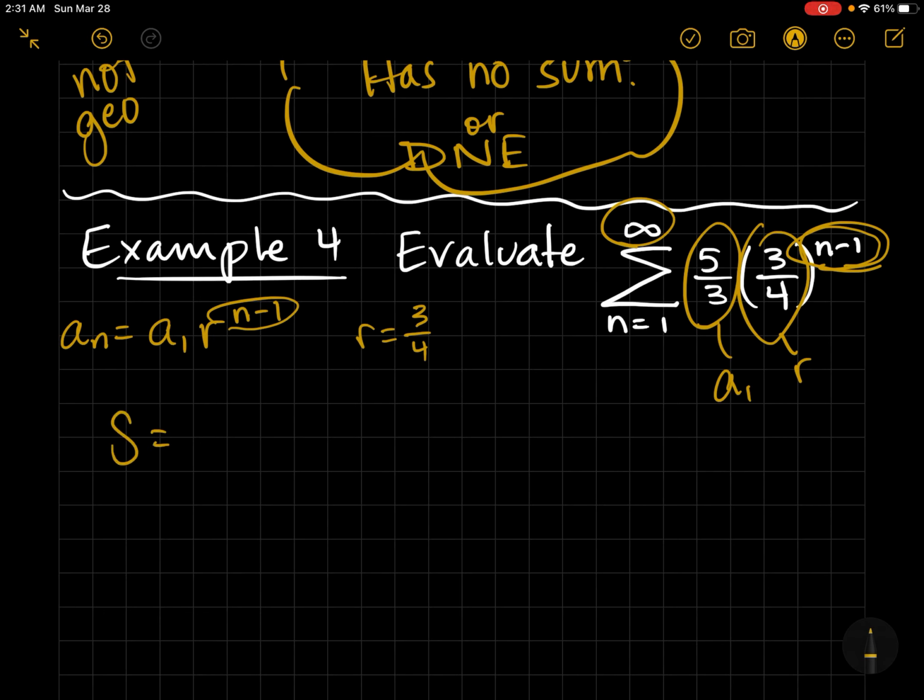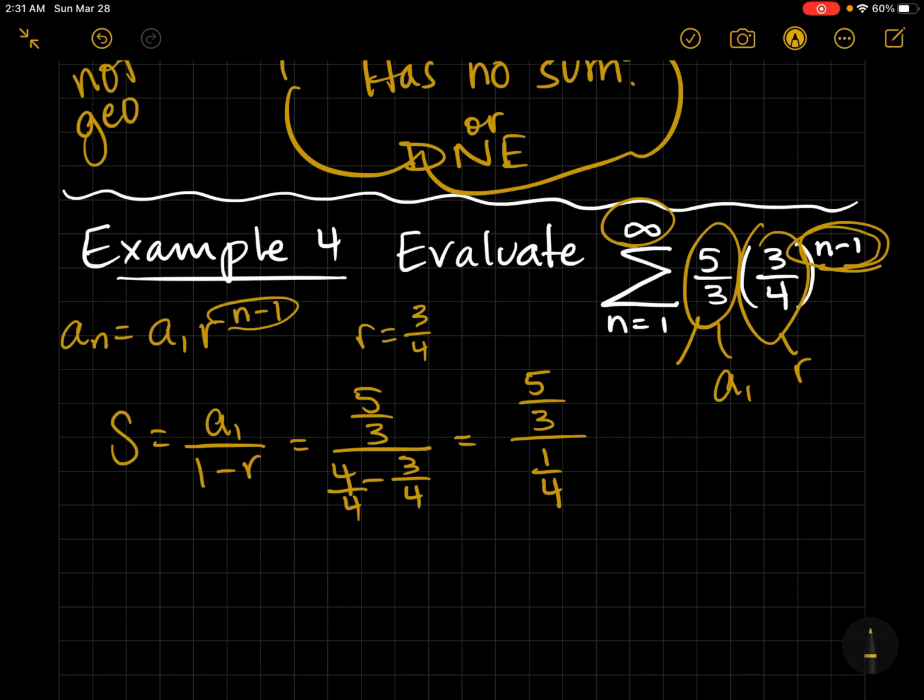And S equals A1 over 1 minus R. A1 is 5/3. The ratio is 3/4. Remember that we're confident with our fractions, so I'm just getting common denominators.